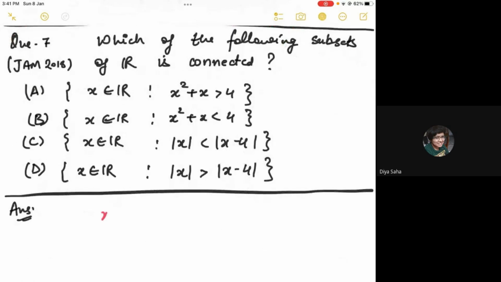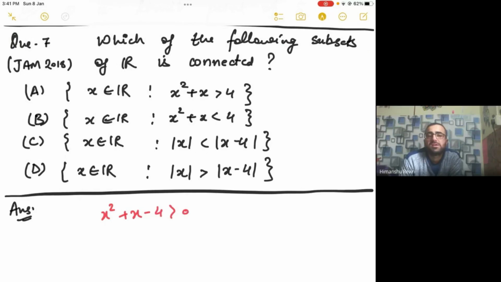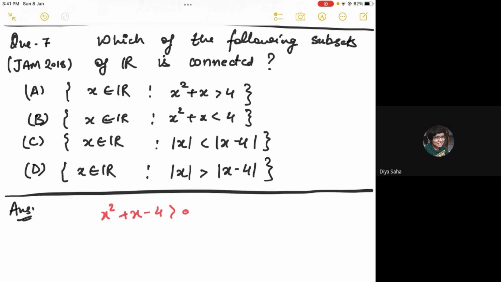It will have a minimum point at x equal to minus half, and at x equal to minus half it is negative. And as x tends to infinity and minus infinity, f goes to infinity. So it will cross the x-axis at some points, and it has two roots.